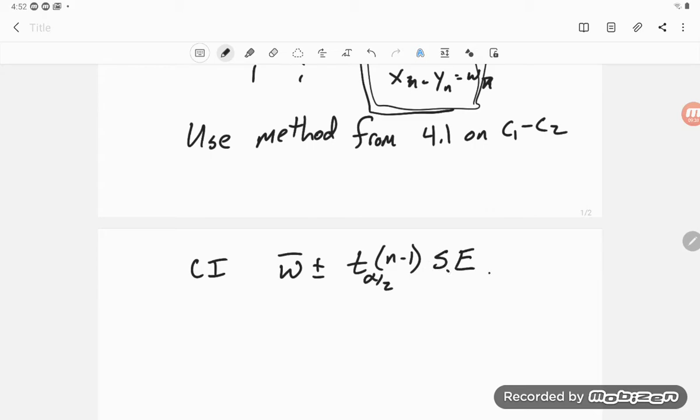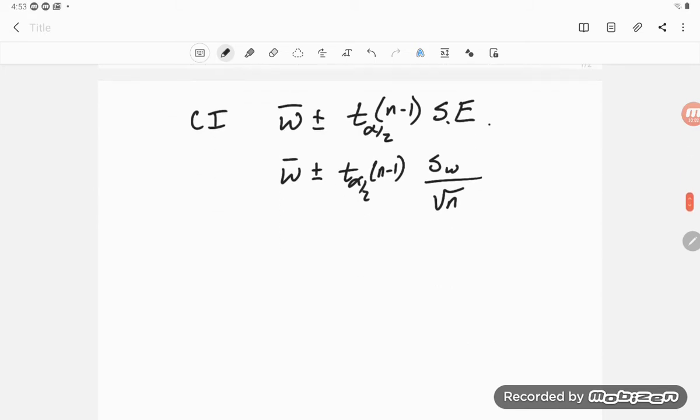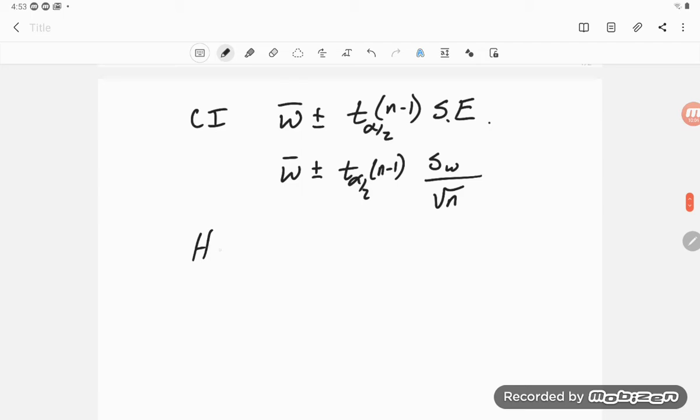I would get that standard error the same way. So this would be W bar plus or minus T alpha over 2, n minus 1, times S of W, the sample standard deviation, divided by the square root of n. So that would be my confidence interval. My hypothesis test.